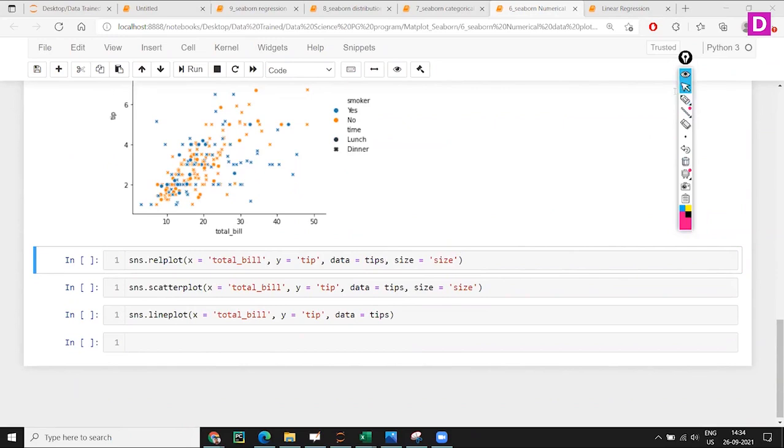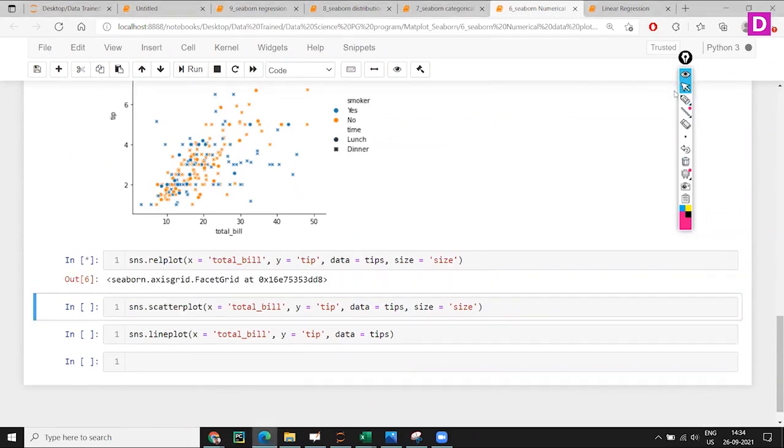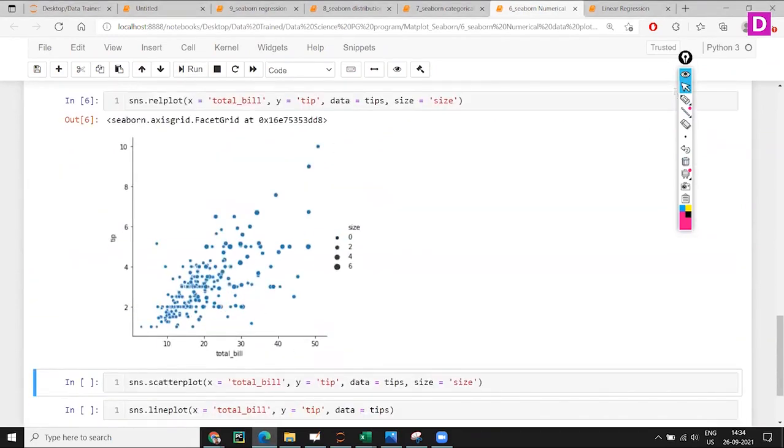So let's understand this size. Here you can see it started from 0, which is supposed to be at least 1, right? 0 means nobody visited. So it is increasing the size of these dots, or the dark circles here.